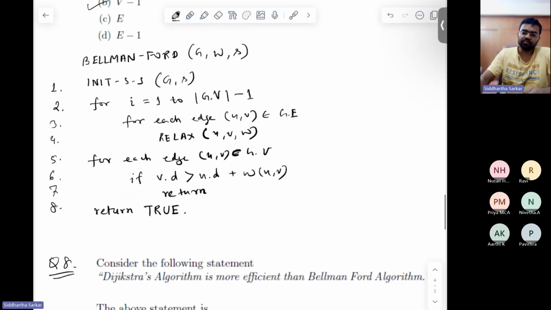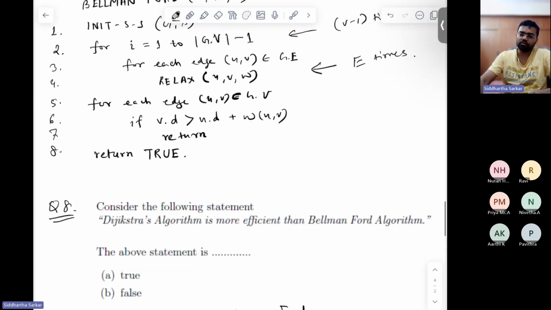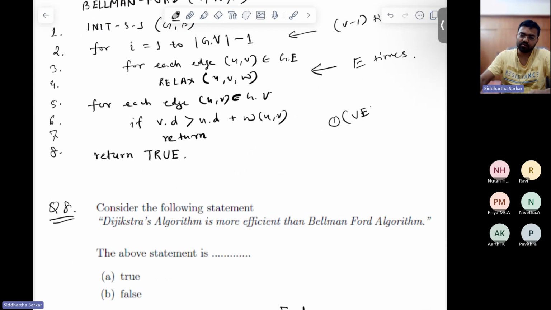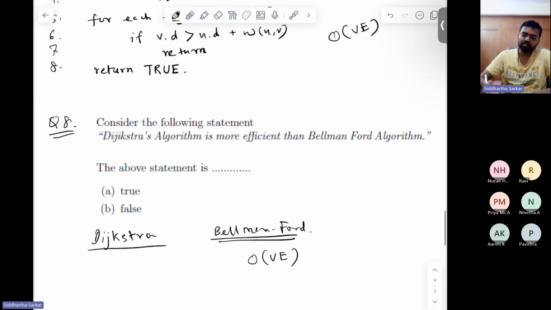For Bellman-Ford, as you see, this loop runs V minus 1 times, and we're relaxing every edge, so the inner loop runs E times. So the overall running time would be order V times E. Dijkstra is order E log V even with fancy data structures.